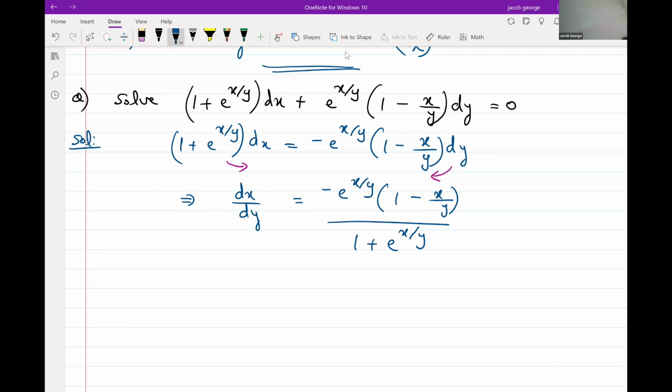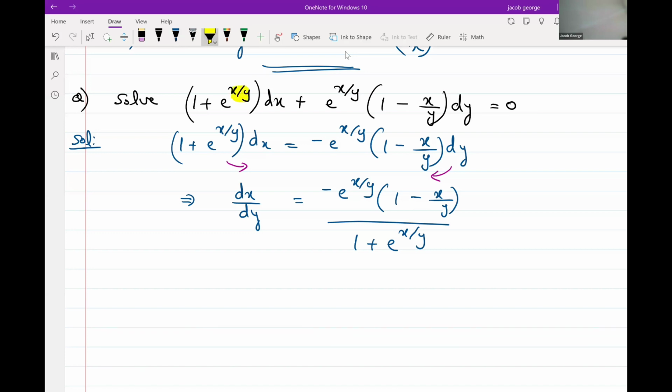x by y is the key in this one. When there is x by y, only then we convert to this form. Other sums we write in dy by dx form. When y by x is highlighted and in normal sums also, we write dy by dx. When x by y is highlighted in a question, only in that type we need to apply type 2. Is it clear? So I will highlight that one.